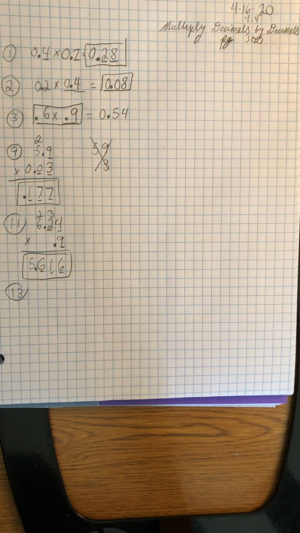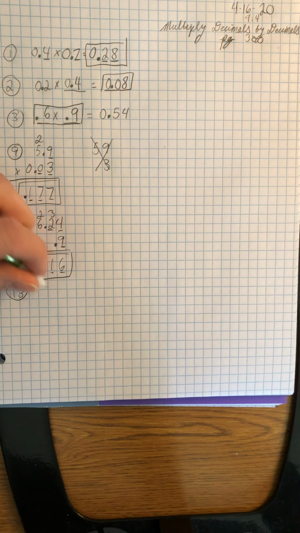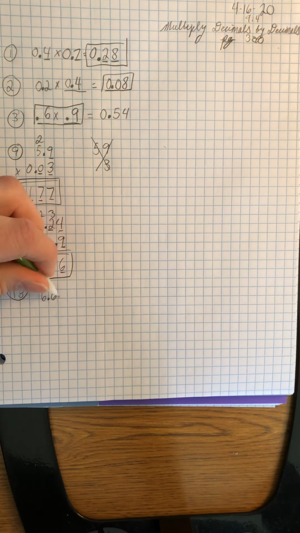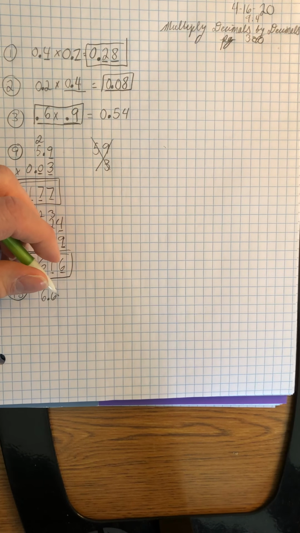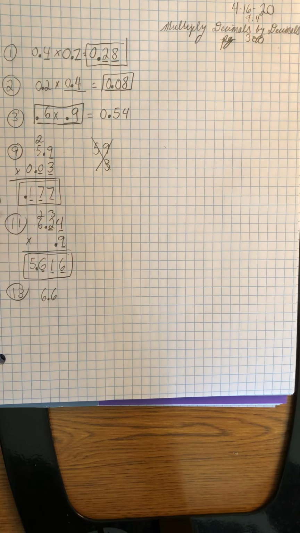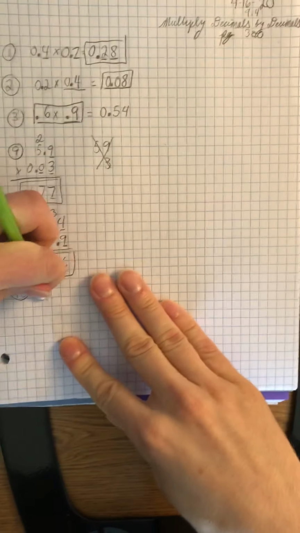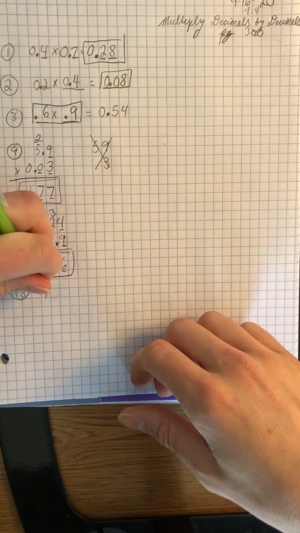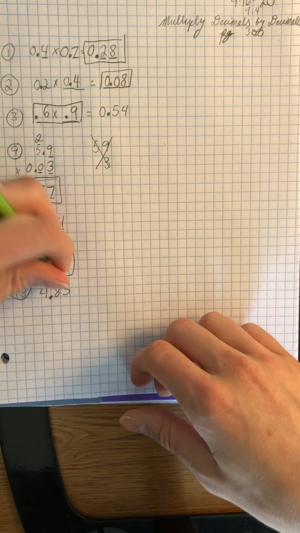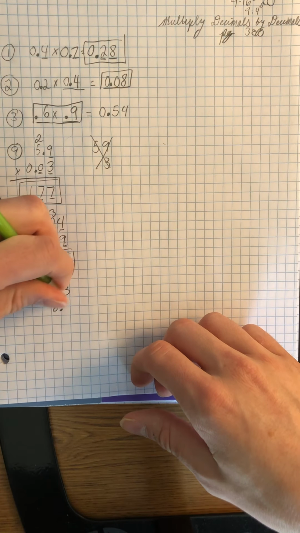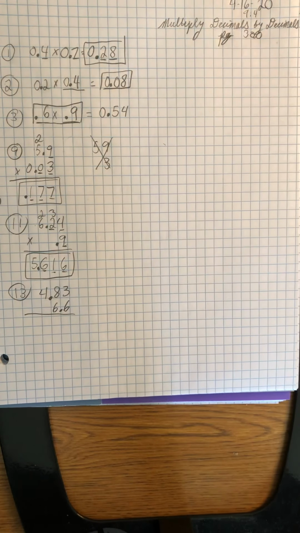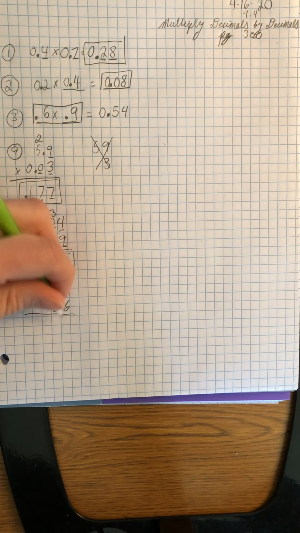13. It says 6.6. So 6 and 6/10 times 4 and 83 hundredths. I'm going to line this up differently. I'm going to put 4 and 83 hundredths on top, and then I'll put 6 and 6/10 on bottom, because that's the easier number to multiply.